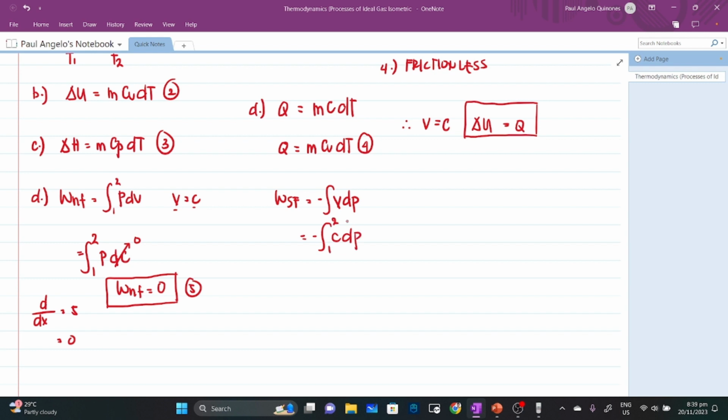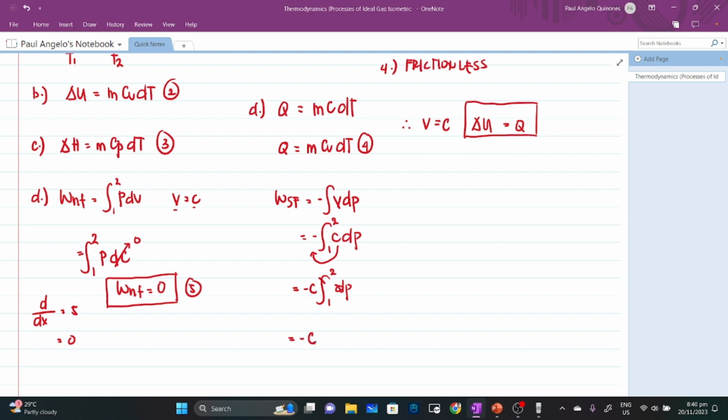Next, as a rule of integration, what do we do with a constant inside of an integral sign? Very good. We eliminate it inside the integral sign and place it outside of it. So that is negative C integral of dP from point 1 to point 2. We have a derivative multiplied by an antiderivative, so it will cancel out.